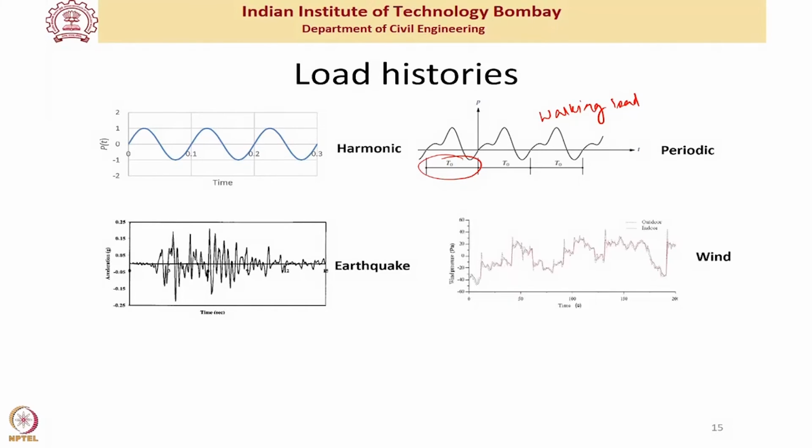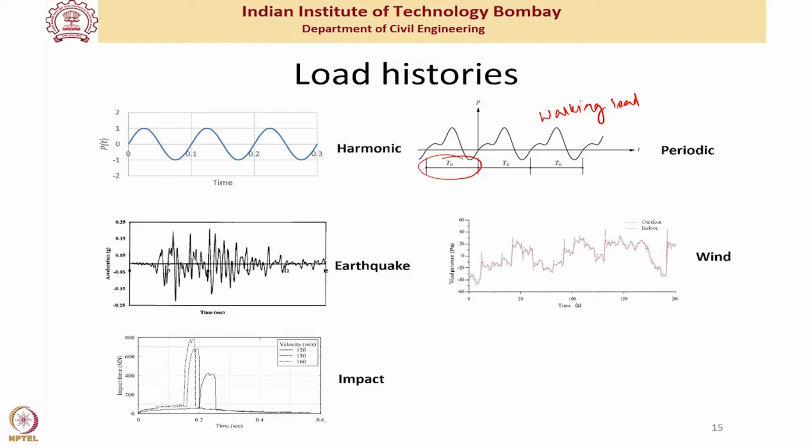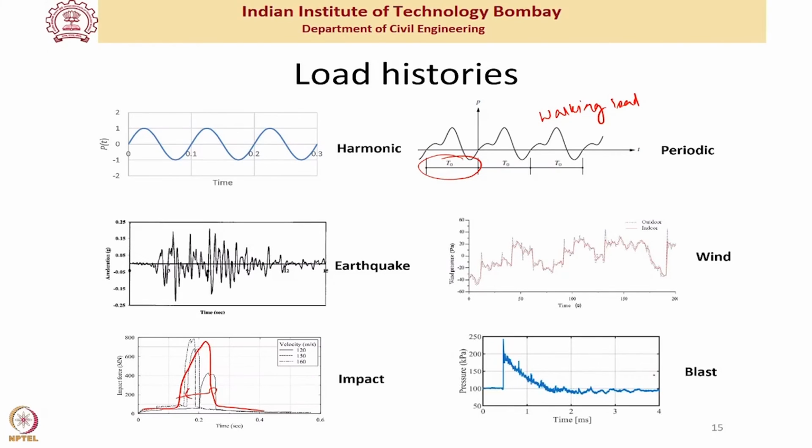There could be a wind load, which again could be represented by these random spikes, which represent the pressure peaks. There could be impact load, which is like a sudden spurt of a load for a very small duration of time. And there could be a blast load, which is like a sudden spike and then decreases, and this duration is actually very small.